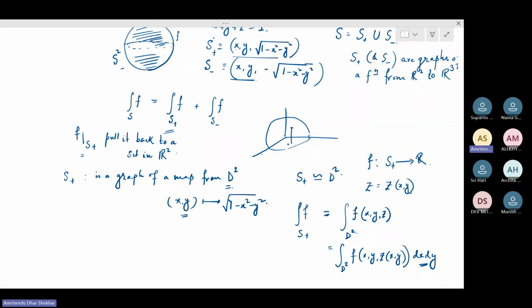You could also have a very different kind of embedding. Okay, you could also have an embedding which looks like something like this. Okay, this is also an embedding of D2 in R3, which has a completely different geometry. So you also have to take into account the geometry of this embedding.